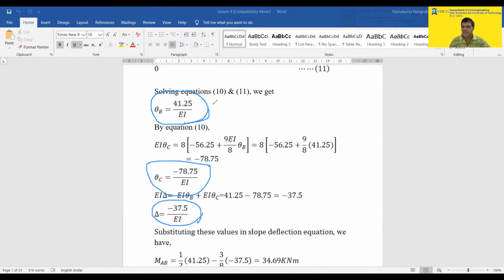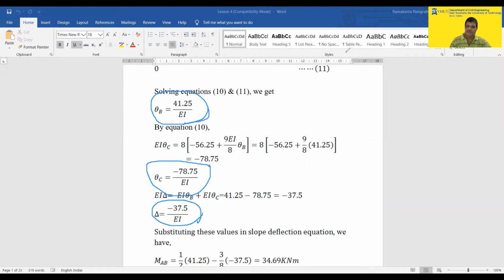So by solving these three simultaneous equations, we derive the value of theta B, theta C, and delta. Now these theta B, theta C, delta values will be substituted in equations 1, 2, 3, 4, 5, 6 to find out MAB, MBA, MBC, MCB, MDC.